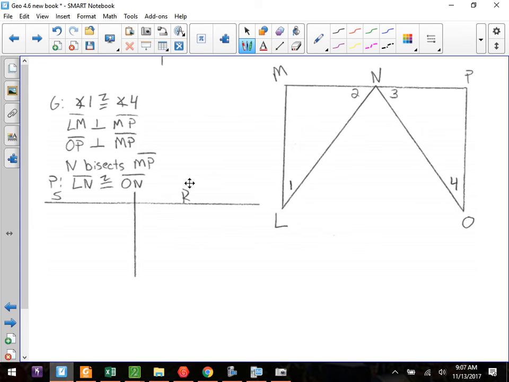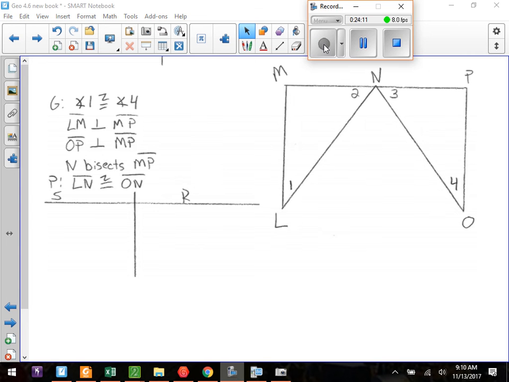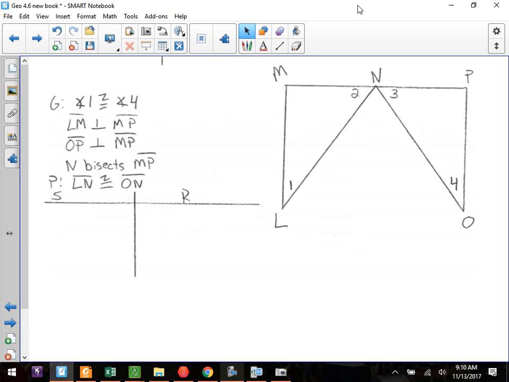Ladies and gentlemen, we have work in front of you. As I write down angle 1 and angle 4 are the same, I'm going to put that in my diagram as I'm writing it out.